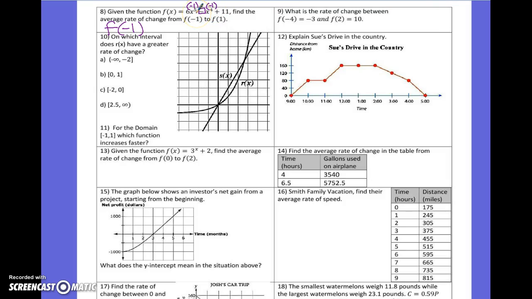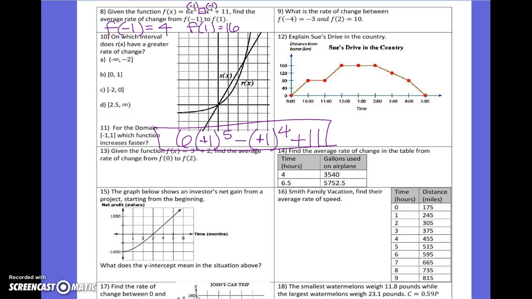So if I type that in, or do it in my head, your output is going to give you 4. And then if we put in a +1 and do that same thing, the output is going to give us 16.